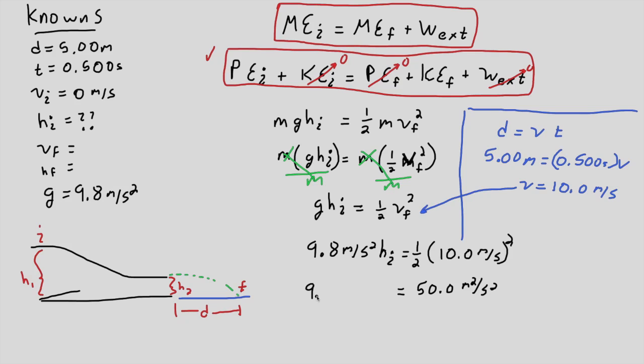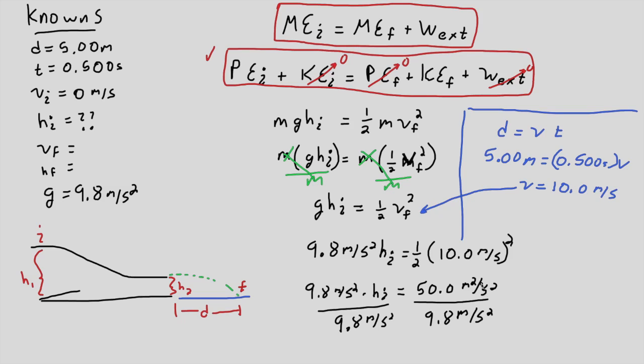Now over here, 9.8 meters per second squared times h in the initial situation. So I want to know what h is, so we're going to divide by 9.8 meters per second squared. And if you're trying to follow your units, it's important to make sure that you had squared your units as well. Otherwise, you're not going to get the correct units over here.